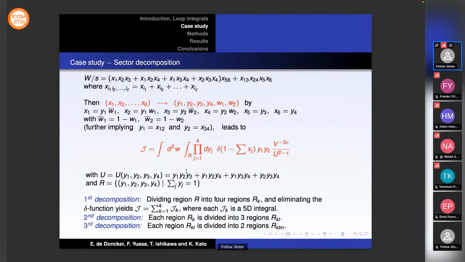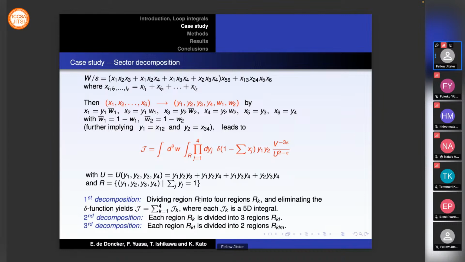All right. So the U then is expressed as a function of the y variables. The sector decomposition in the first phase divides the region R into 4 regions, R1 through R4, and eliminating the delta function yields the integrals as 5-dimensional because one of the variables is eliminated.